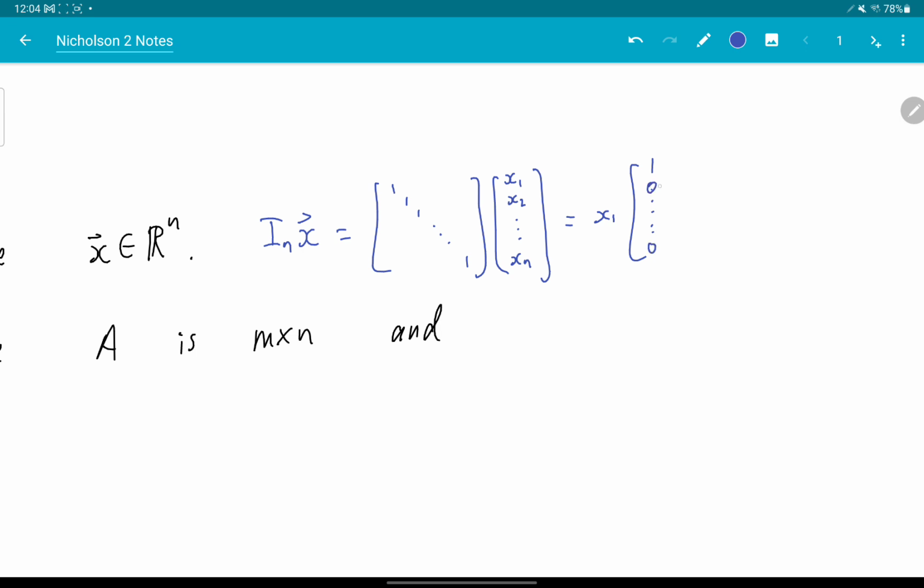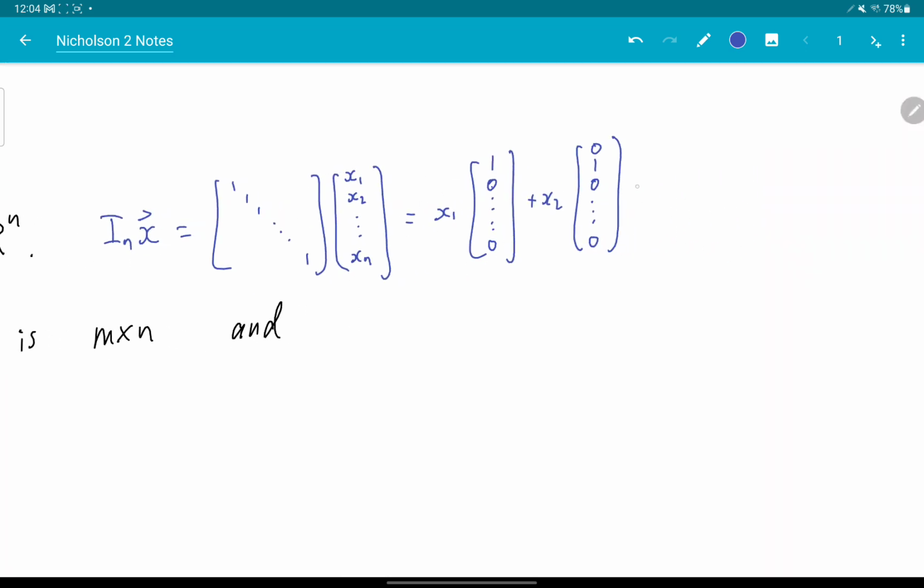These are zeros except for that. Then I get x2 times 0, 1, 0, dot, dot, dot, all the way to 0. And so on and so forth, all the way to xn times this vector.